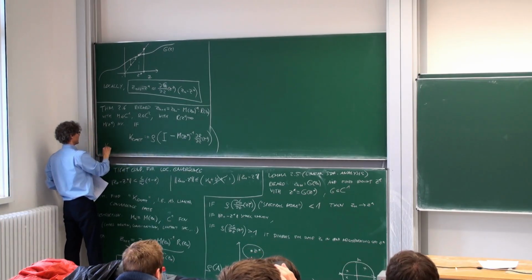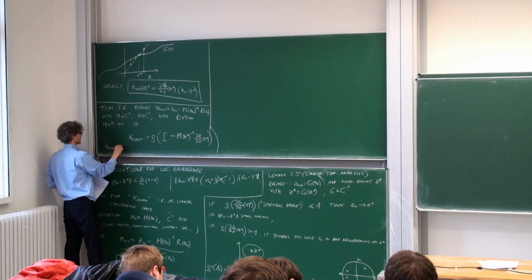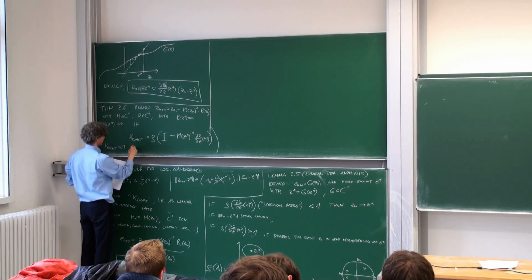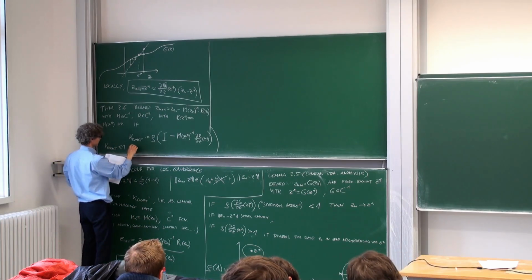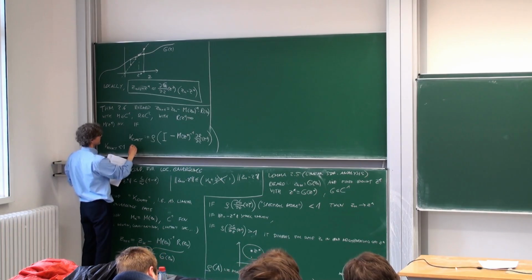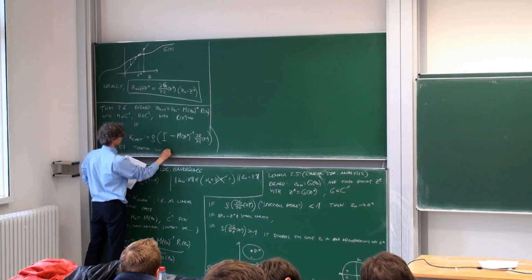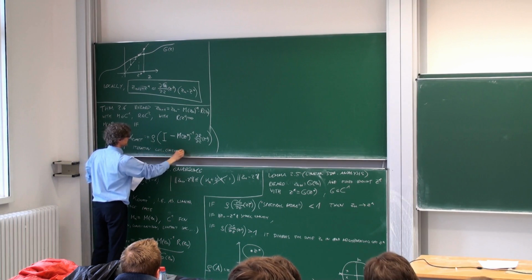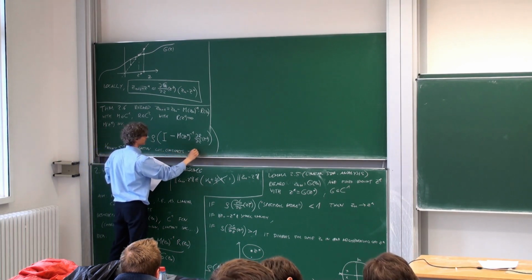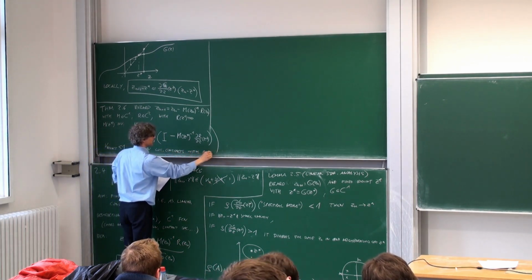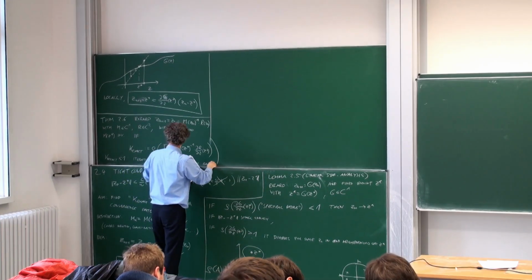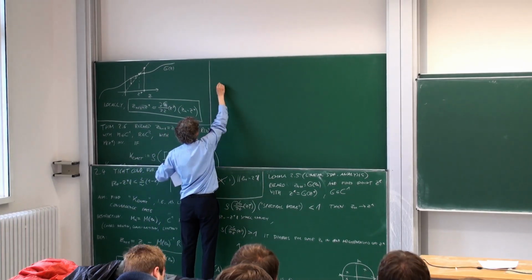If kappa exact is smaller than 1, the iteration locally contracts with the linear rate kappa exact.